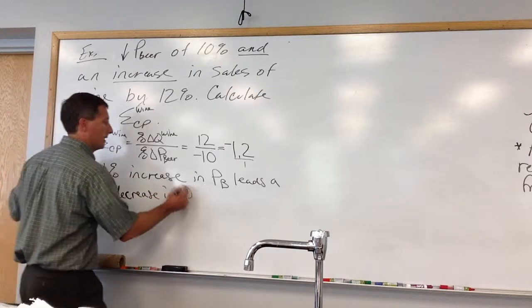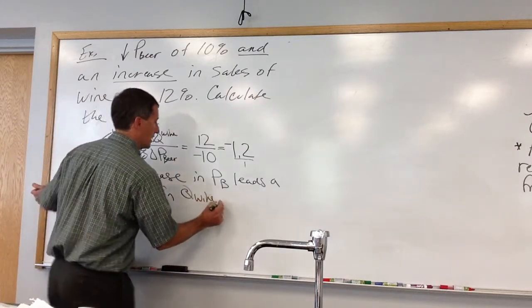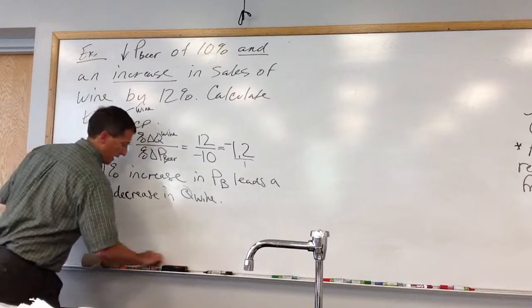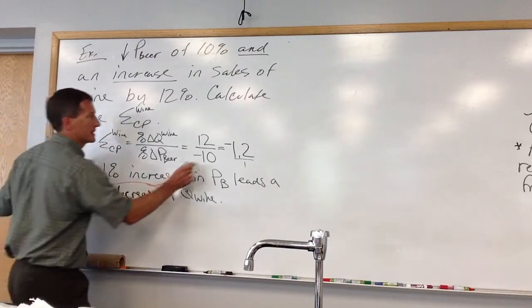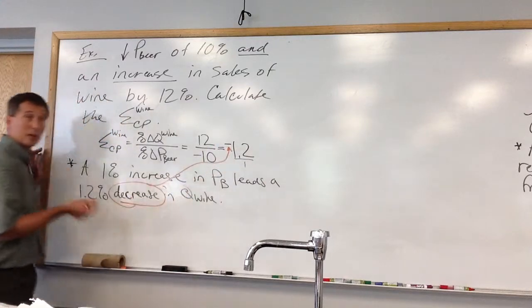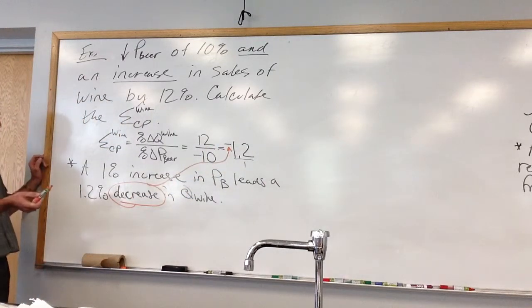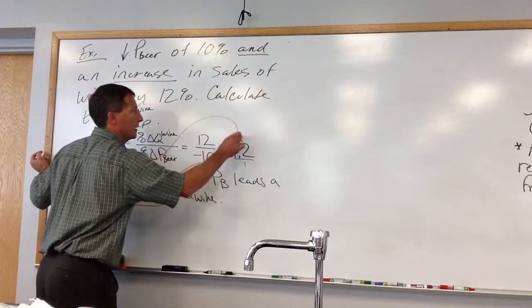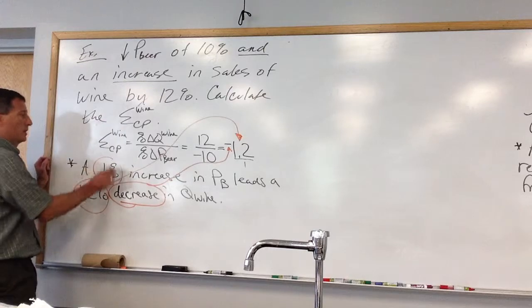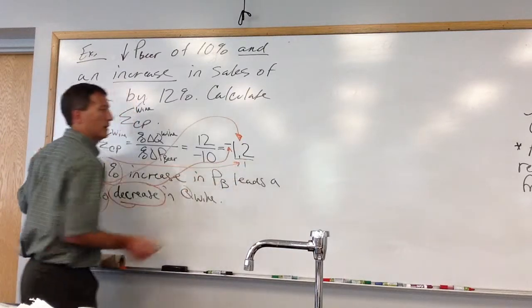Decrease in the quantity of wine. Again, all we're doing is we're tracking this little decrease part came from the sign. If that would have been a positive sign, then we would have said the other way. The 1.2, of course, is that part's right here. And the 1% again is right there.